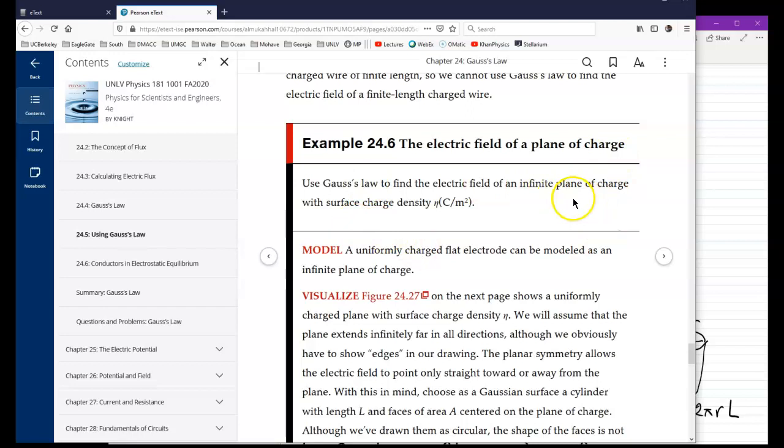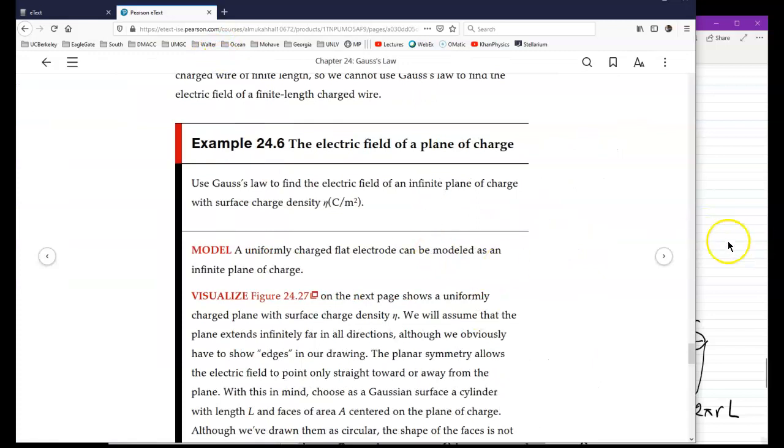He said the electric field of a plane of charge, okay? And then, again, he doesn't put the charge Q, he puts a charge density, eta. We use sigma, he uses eta, the Greek letter eta. I use the Greek letter sigma. He says, use Gauss's law to find the electric field of an infinite plane of charge with surface charge density eta, or sigma. Okay? Let's do that.